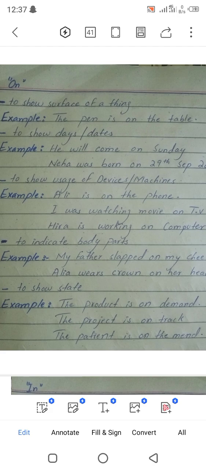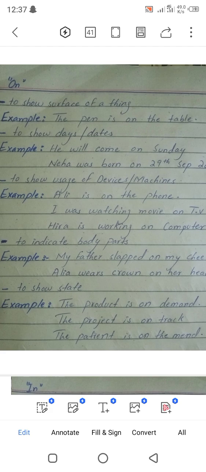Now, after talking about the basic definition of the preposition and its justification, consider some more points. Prepositions are also utilized to indicate the location, direction, time, and manner of something. You must be thinking how prepositions are used to indicate location.